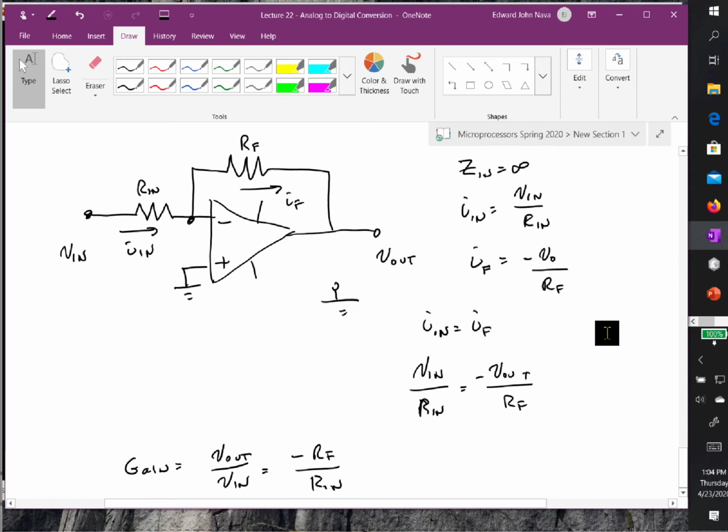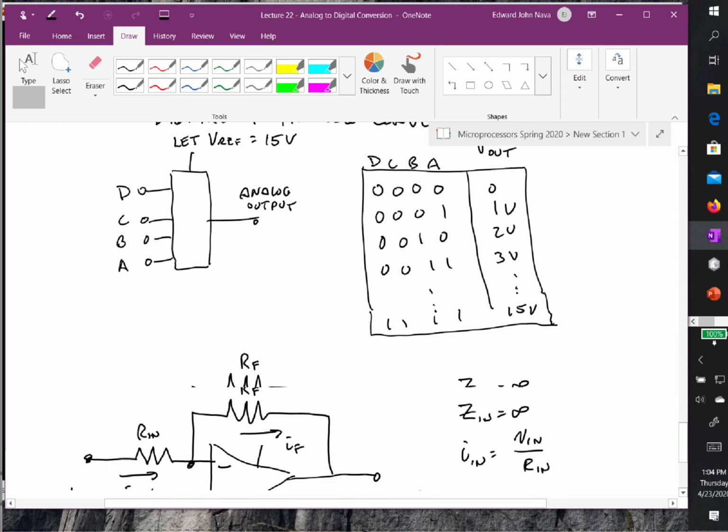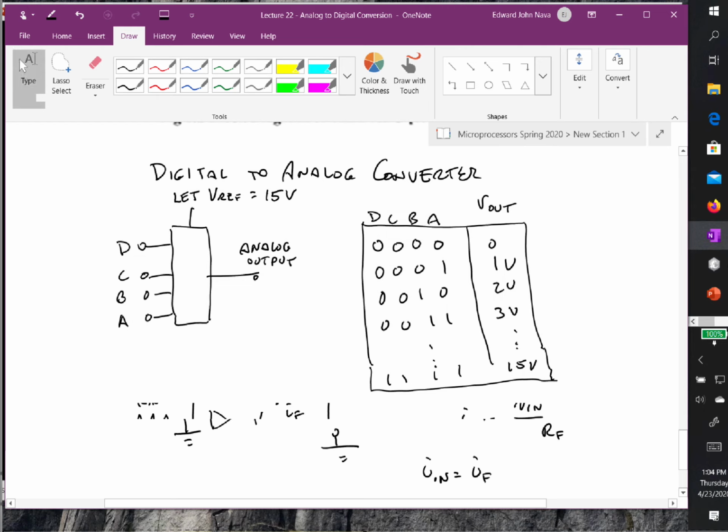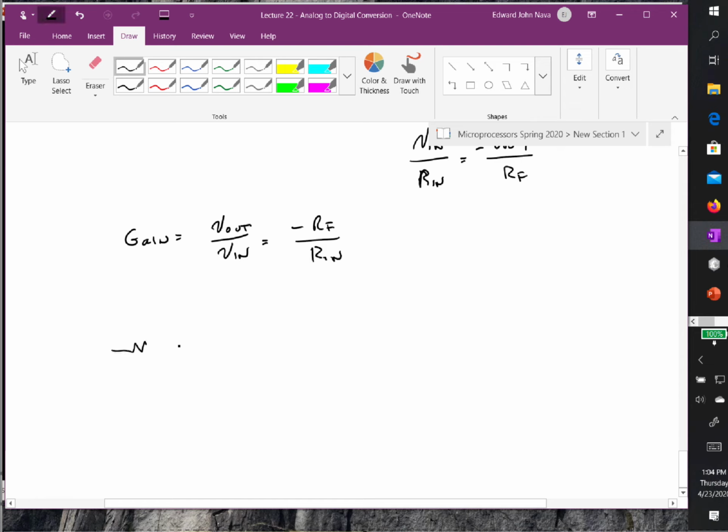converter? So what I'm going to do is recall this drawing that I gave you up here, and I'm just going to scale my output voltage accordingly. But if I now have the following: this is going to be V sub D, V sub C, V sub B, and V sub A. Now remember, these are digital signals, so they'll be either at 0 or some finite value.